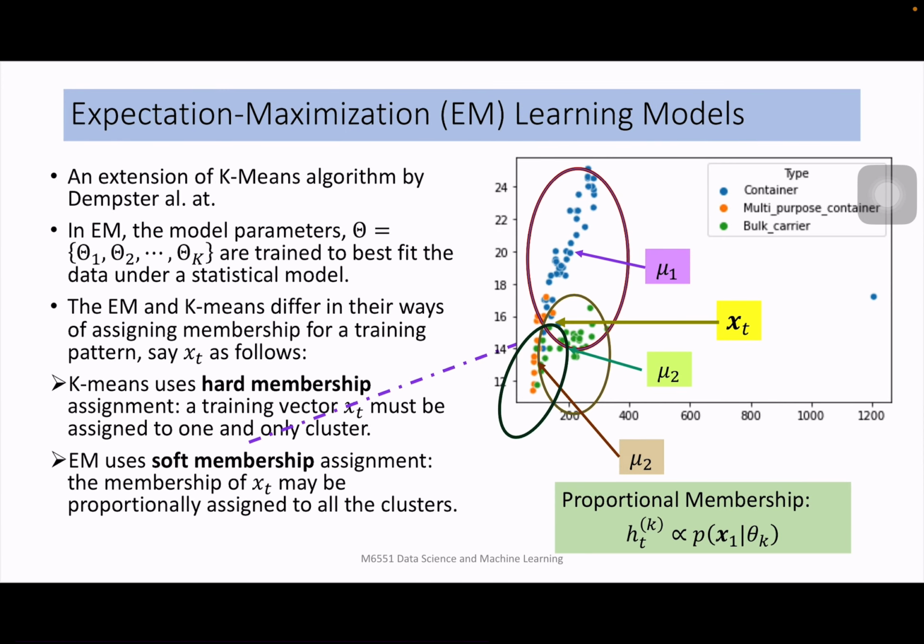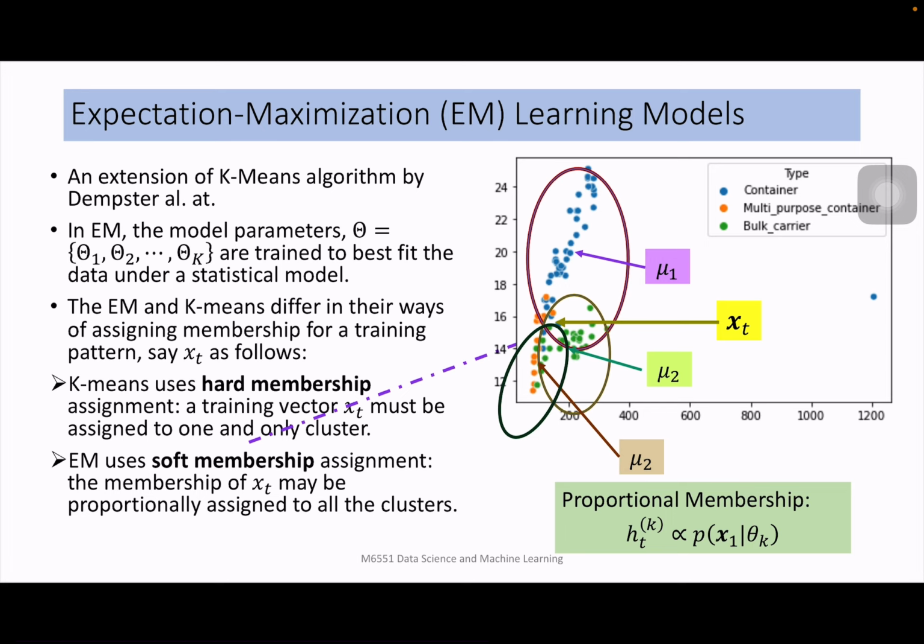Expectation maximization, the EM model. The expectation maximization model is an extension of the k-means algorithm by Dempster et al. In EM, the model parameters theta, from theta 1 to theta k, are trained to best fit the data under a statistical model.